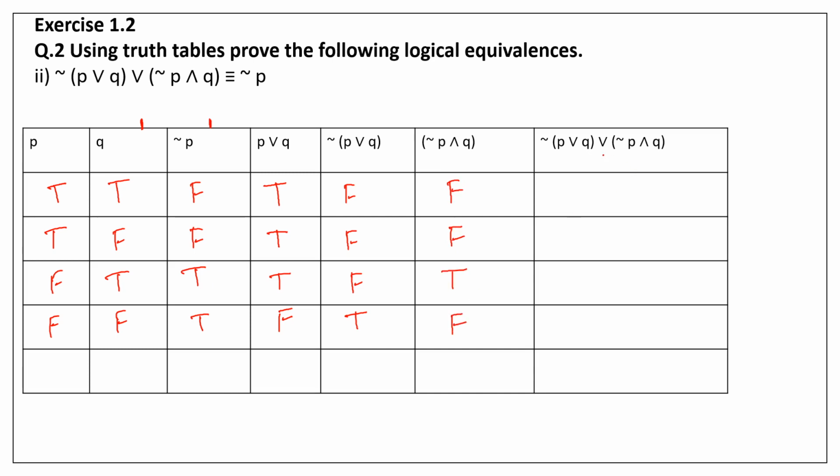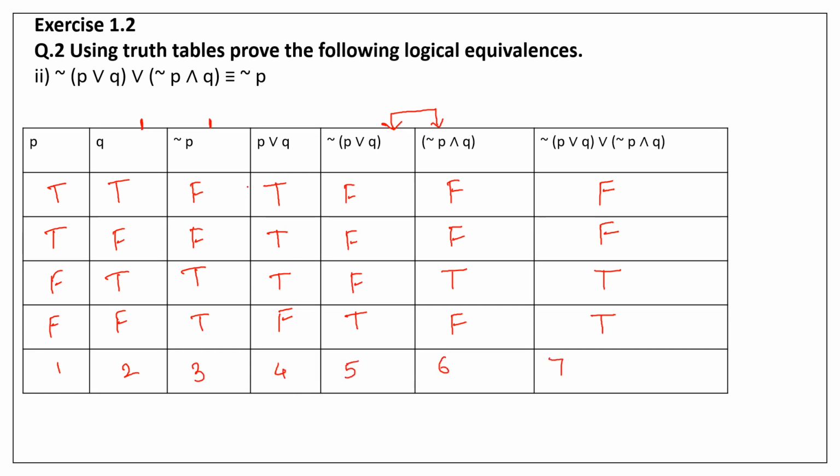Okay. Now take disjunction of these two. FF is F, FF is F, FT is T, TF is T. Okay, so this is the truth table, and we mark this as first column, second, third, fourth, fifth, sixth, seventh.